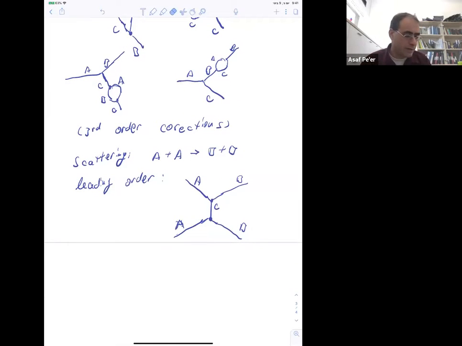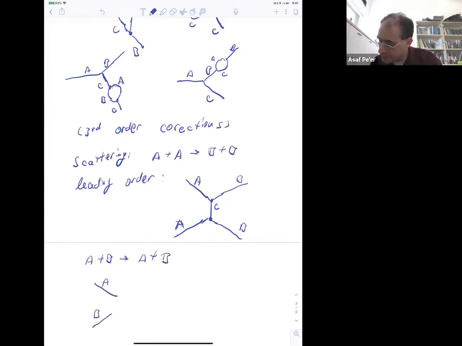What about scattering of A plus B going to A plus B, so that's a scattering between an A particle and a B particle? You have an A particle and a B particle coming in. Now we can have two options.